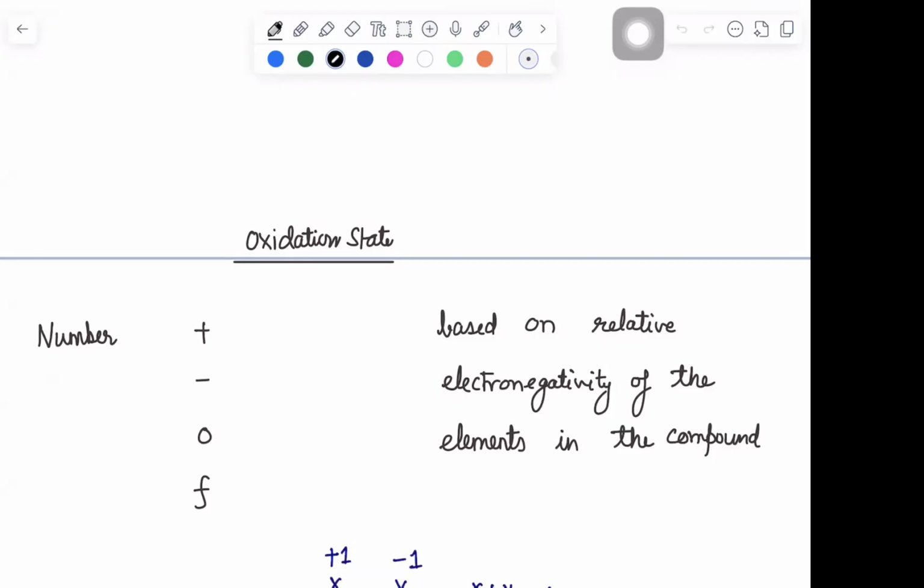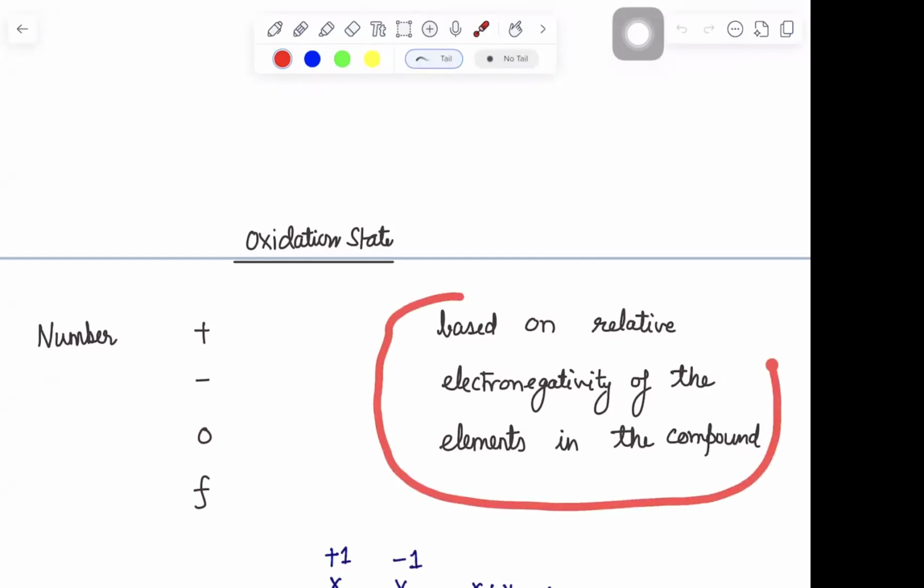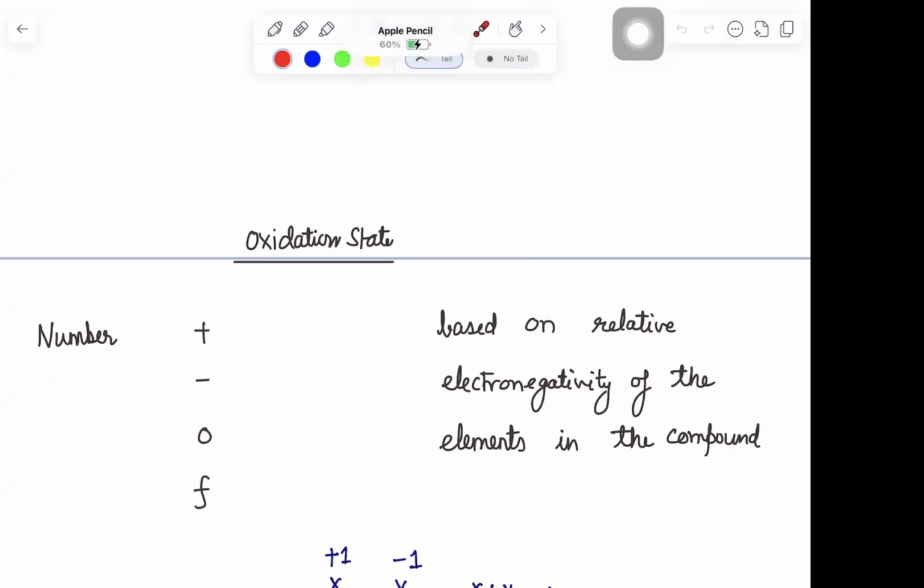Now, how do we assign these oxidation states? We assign them based on the relative electronegativity of the elements in the compound. This is a very important line. Please note down: relative electronegativity of the elements in the compound. What do we understand by electronegativity?